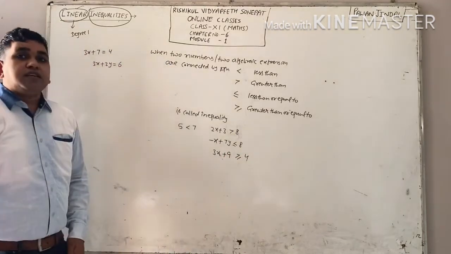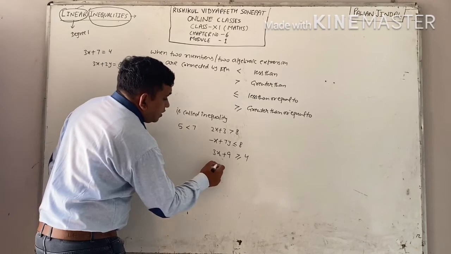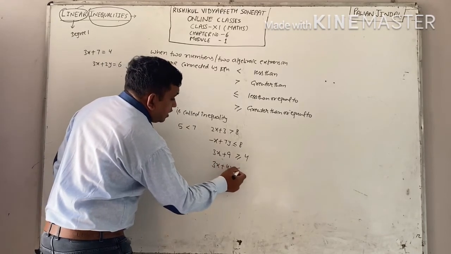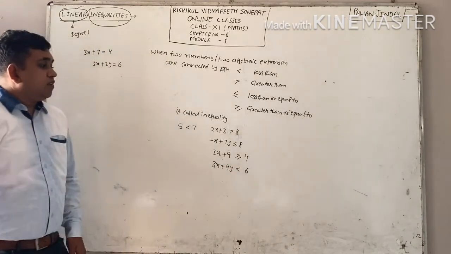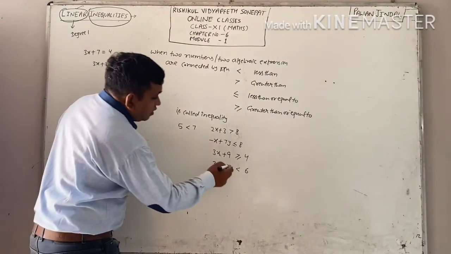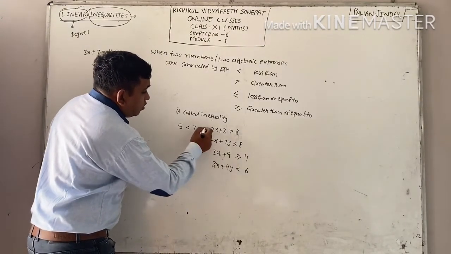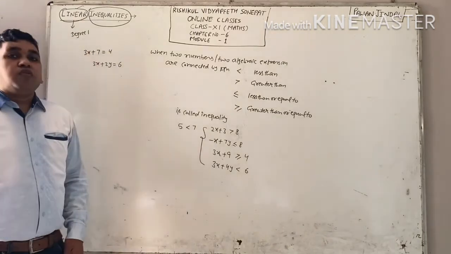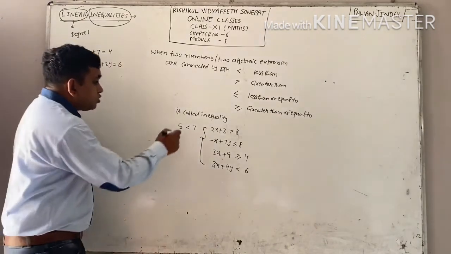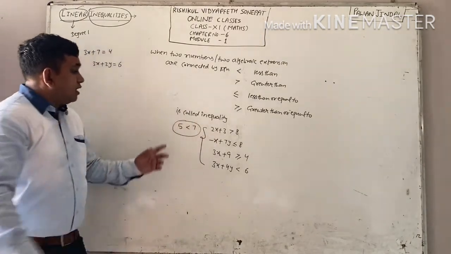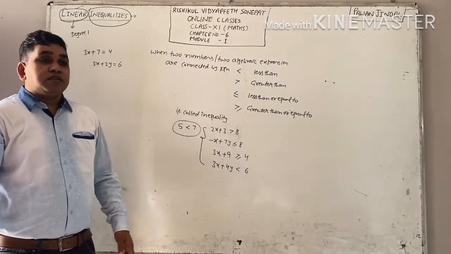This is an inequality. 3x plus 4y less than equal to 6. This is an inequality. These all are examples of inequality. This is also an inequality. This is inequality of two numbers.